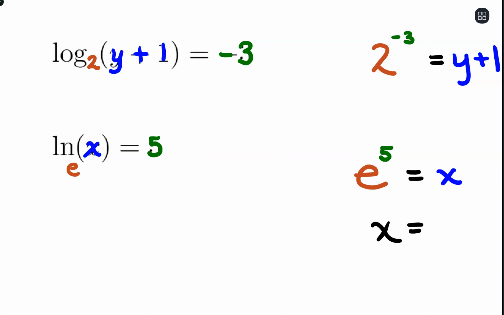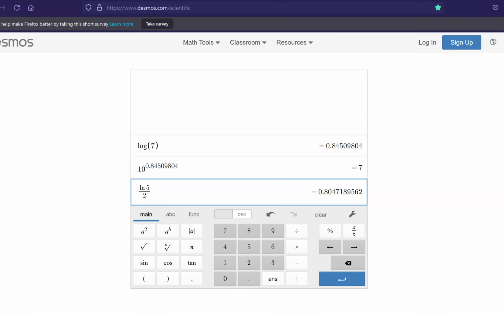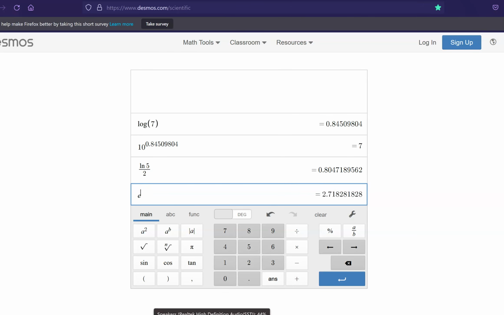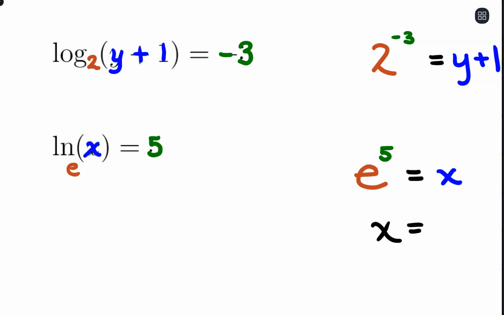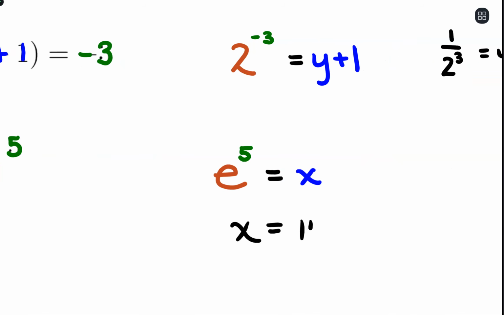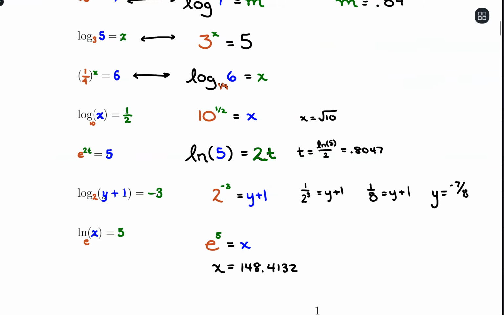We just need e to the 5th. So if I go and just type in e to the power of 5, 148.4132. Think I remember that correctly?